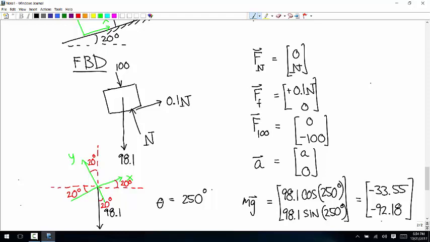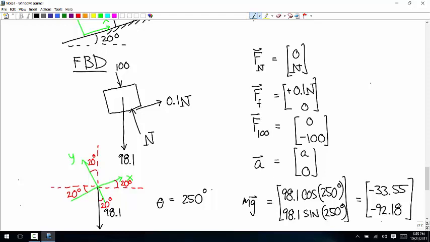So that's not trying to push it up the ramp or push it down the ramp. Do you think that has any effect on the acceleration? You could go back to the equations and see whether that 100 comes in anything that calculates the acceleration. But I just want you to have an intuitive idea of how this works.